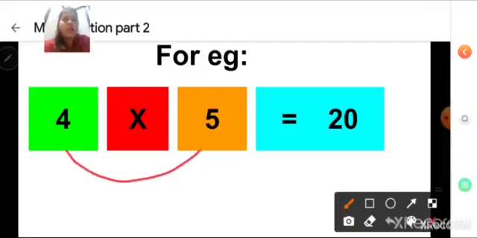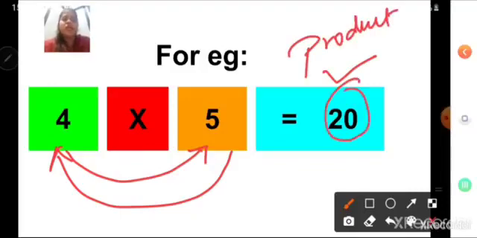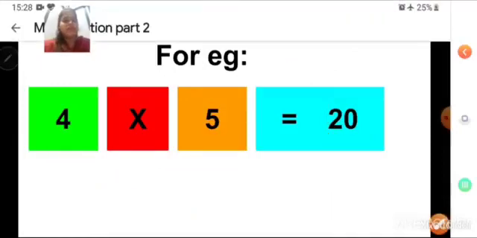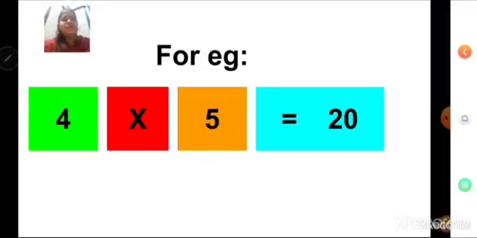If I change the order of the numbers, and number 5 becomes the multiplicand and number 4 the multiplier, then also the product, the answer, is the same, correct? The product will not change. So this is our first multiplication fact: 5 into 4 is equal to 20 and 4 into 5 is also equal to 20.